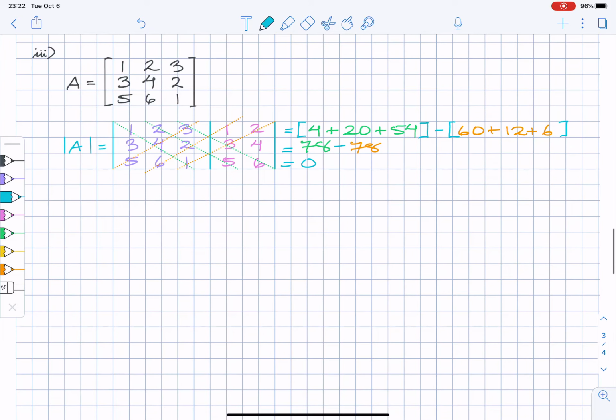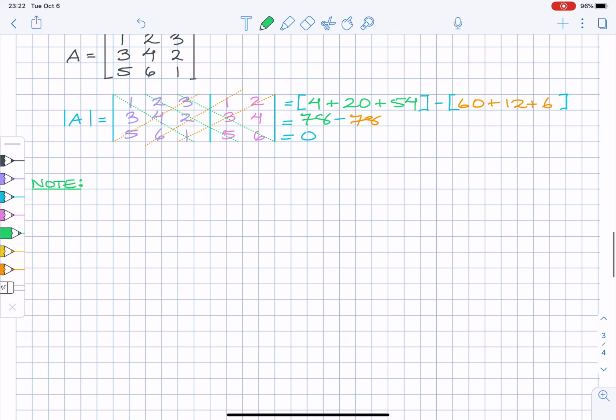Okay, so let's note something about Cramer's rule. So note. Cramer's rule can be extended to a 3 by 3.